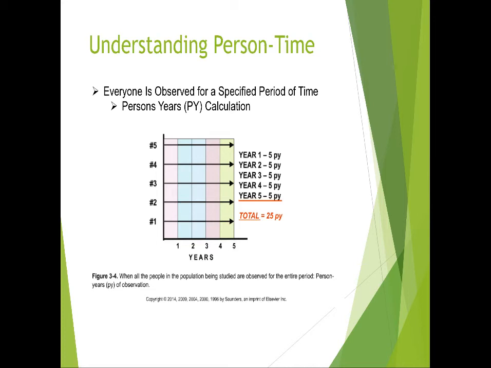When different people are observed for a different amount of time, we calculate an incidence rate, also known as incidence density, in which the denominator consists of the sum of the units of time each individual was at risk and was observed. For example, if you look at the above figure, the study is supposed to follow people over 5 years. So right here you have years 1, 2, 3, 4, 5, and you have 5 participants.